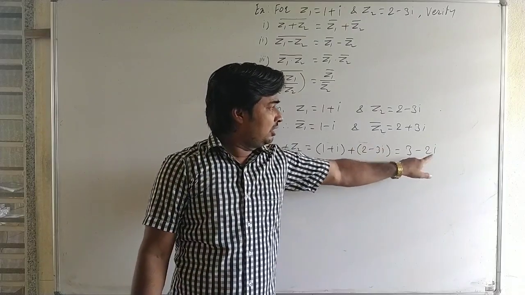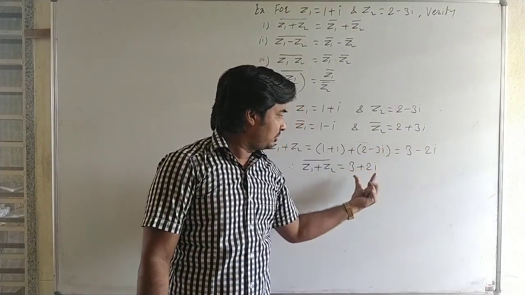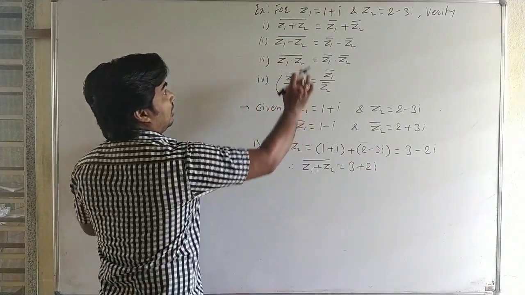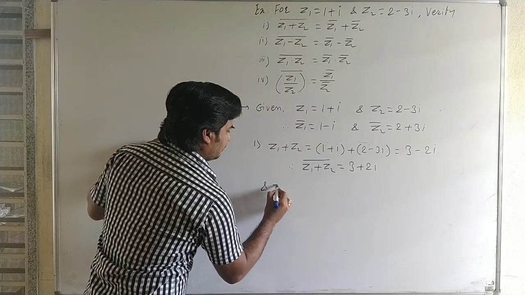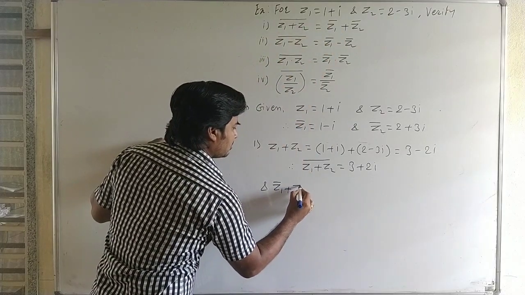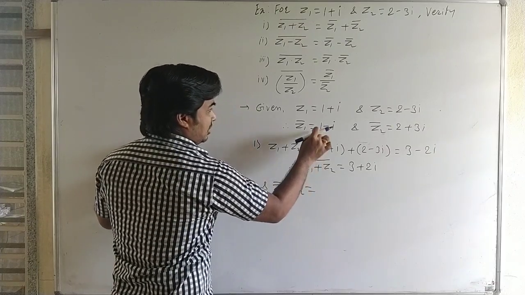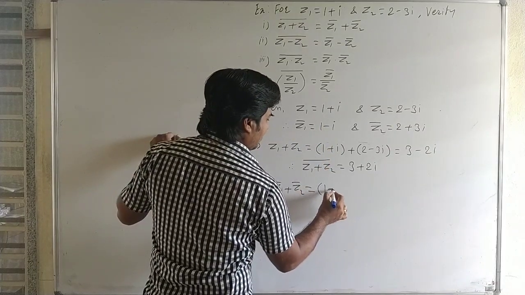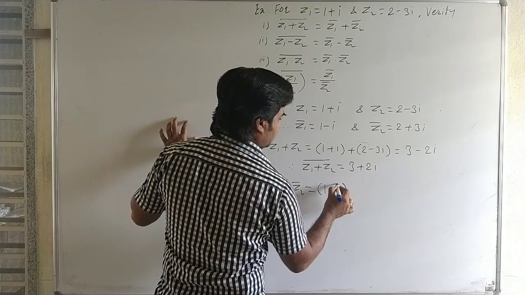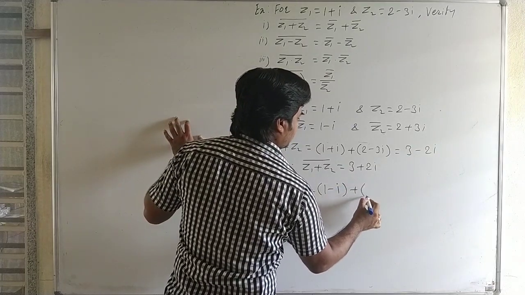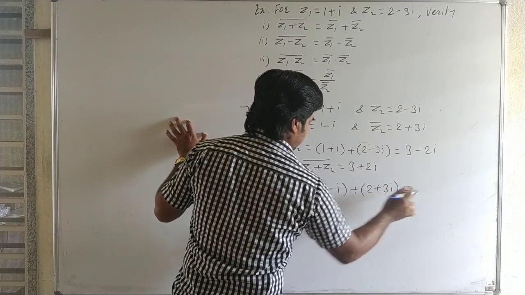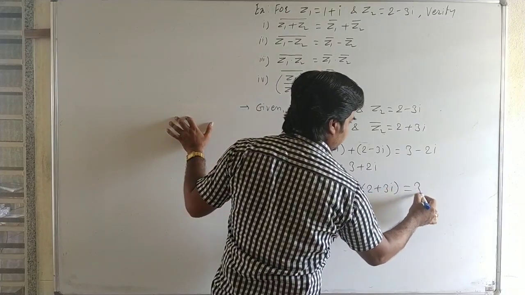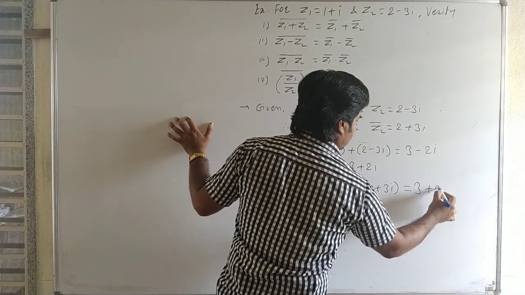Now z1 bar plus z2 bar, z1 bar is 1 minus i plus 2 plus 3i, and that is equal to 1 plus 2, 3, and it is plus 2i.